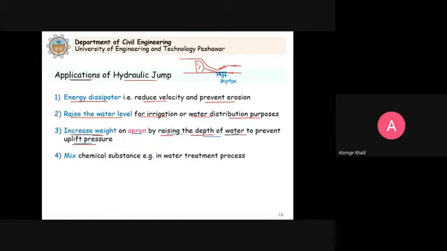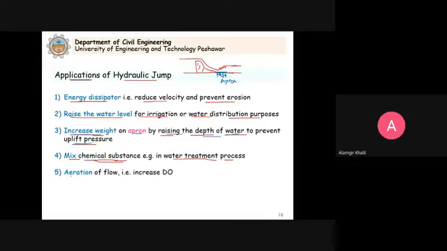Similarly, because of hydraulic jump, we have turbulence. So that's why this hydraulic jump is helpful in mixing the chemical substances in water treatment processes. This you will study in detail in environmental engineering course. In water treatment plants, we use different chemicals for purification of the water. So this hydraulic jump helps to create the turbulence, and it can help to effectively mix the chemical substances.